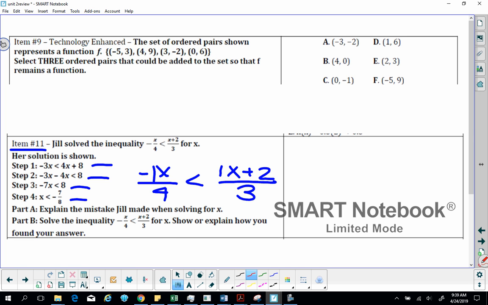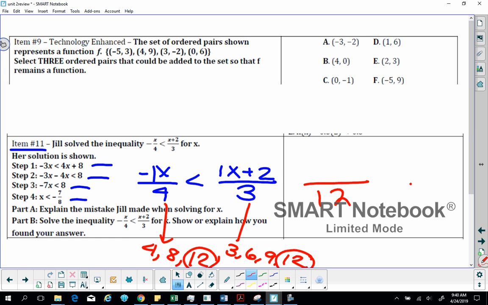So what you can do is let's count by fours. 4, 8, 12. Now count by threes. What's the first number that they have in common? 12. Ding, ding, ding. So I know that I need to make them both 12. So that's how we find our least common denominator.